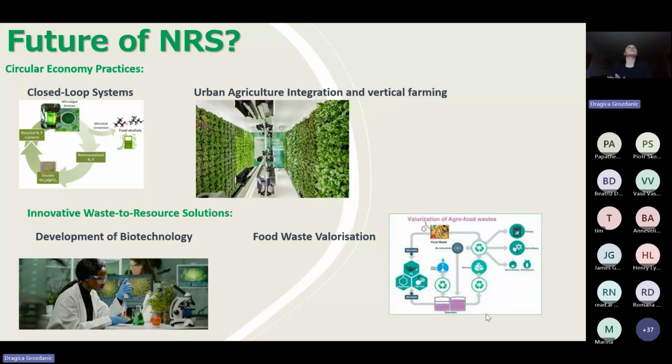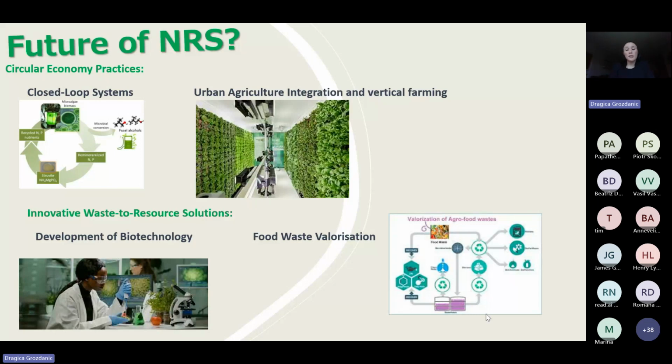And let me finish this introduction by saying something about the future of nutrient recycling solutions. Some of the examples on which researchers are currently very focused are improving circular economy practices, such as closed loop systems, urban agriculture integration, and vertical farming. Also, improving innovative waste-to-resource solutions, such as development of biotechnology and food waste valorization.